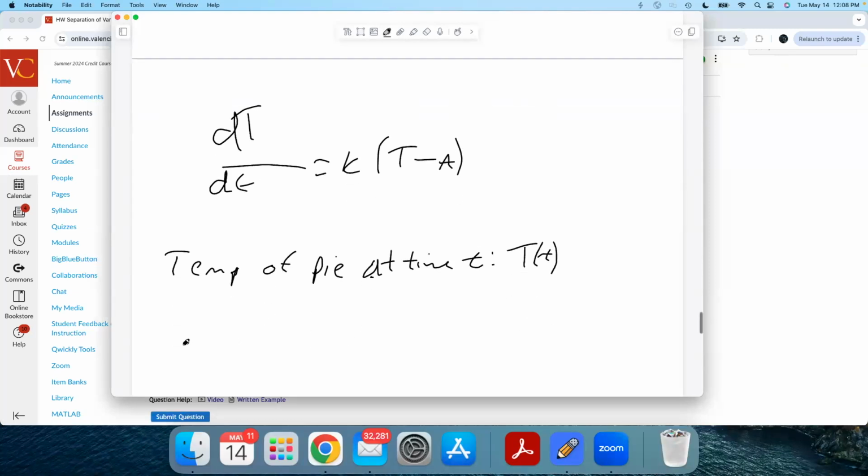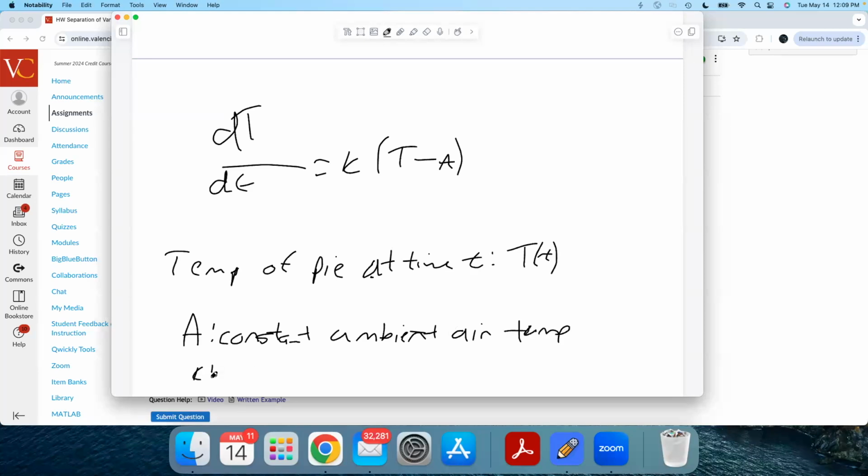And A is the constant in this model, ambient air temperature. So we're talking a pie coming out of the oven, so we can assume that's air temp.